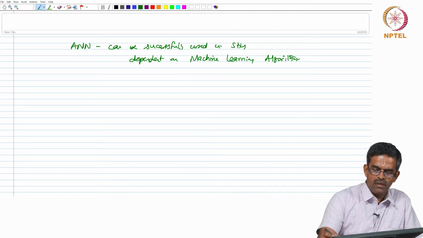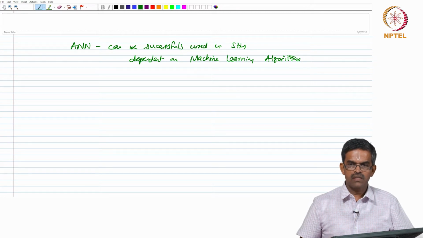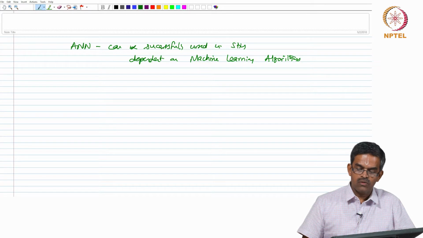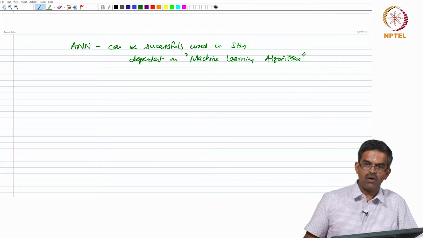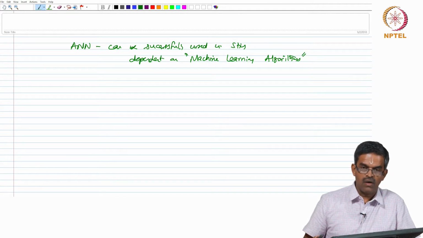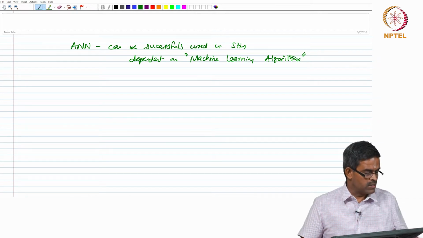Because ANN has to use certain level decisions at the sensor level to process the data and make it intelligent. So, one needs to understand the machine learning algorithms' effectiveness on the neural network when they are deployed in health monitoring systems.